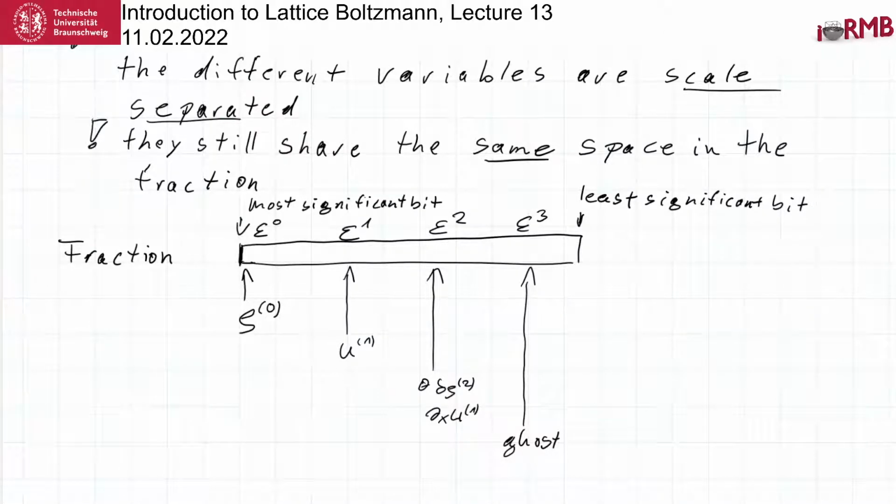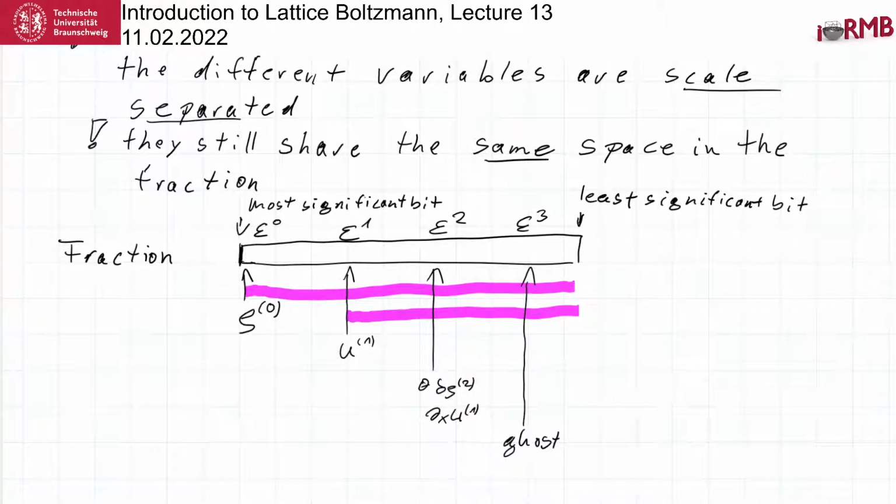So all these variables extend from here to here. So the storage for rho 0 starts from the beginning of the fraction and goes to the end. Whereas because the velocity starts here in the same fraction, it has only this space. The pressure has only that space, and the ghost variables would have even less space.